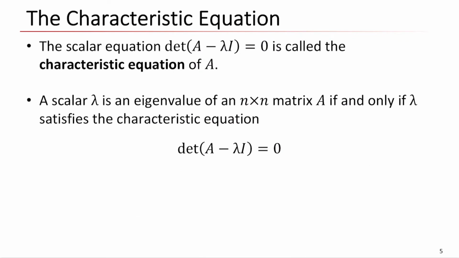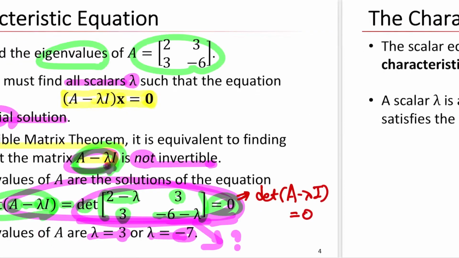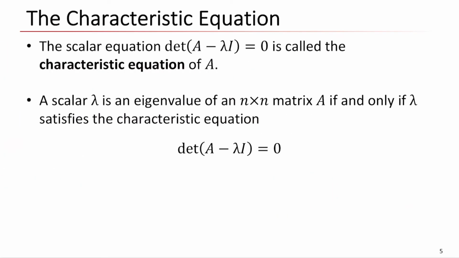This is the definition. As you can see here, the scalar equation, the determinant of A minus lambda I equal to 0, is called the characteristic equation of the matrix A. In other words, by finding the solution of the characteristic equation of the matrix A, we can find the eigenvalues of the matrix A, right?